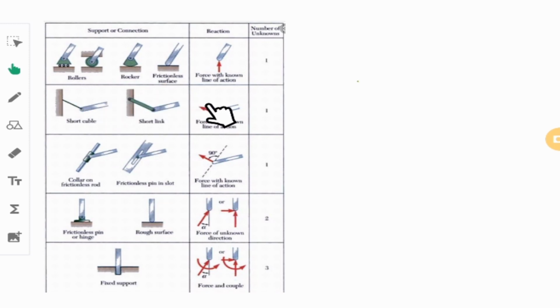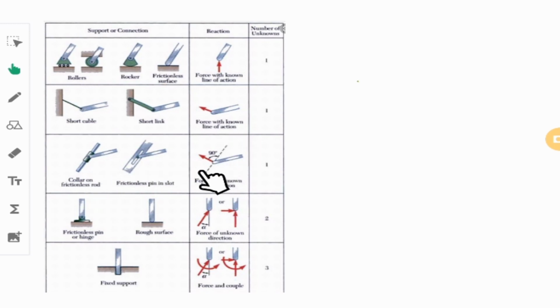In many questions you can read that the mass of this part is negligible, and that means the same as a cable. In these questions, you put only a single force in the direction of the connection points, actually a line which is connecting these 2 points together.